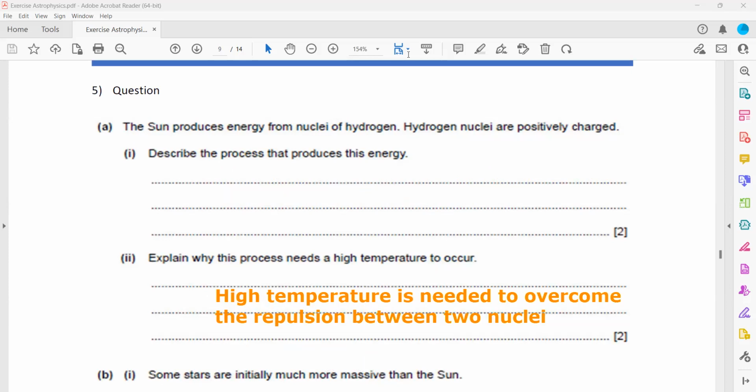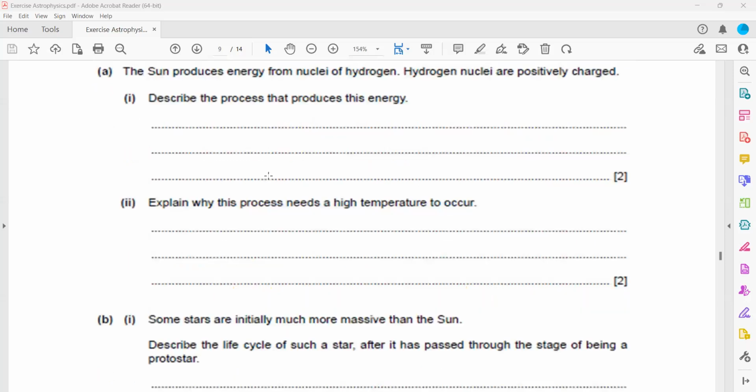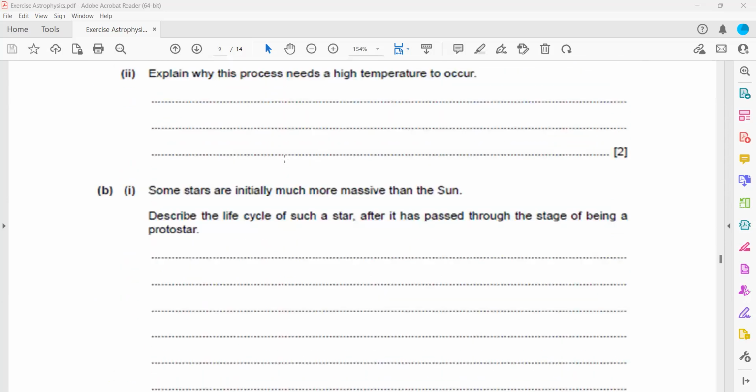Without a high temperature, nuclear fusion cannot occur. Is this part clear? Yes, sir. Great. So temperature affects the kinetic energy or the speed. The temperature is required to overcome the repulsion by moving them at a very high speed.